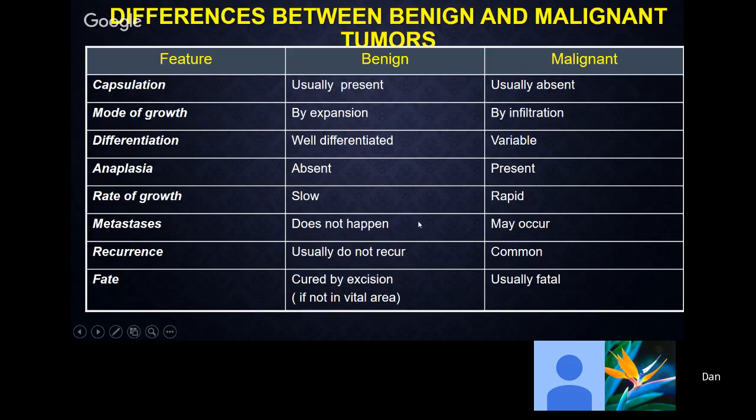So, like I said, benign usually doesn't have any metastasis. Mostly it's in the malignancy. But remember that benign tumors, when you remove them, usually don't come back unless you don't remove the whole thing. And usually, with the capsule around it, you can remove it without any problem. But with malignancy, most of the time you have recurrences.